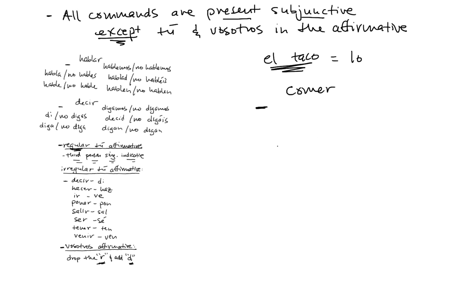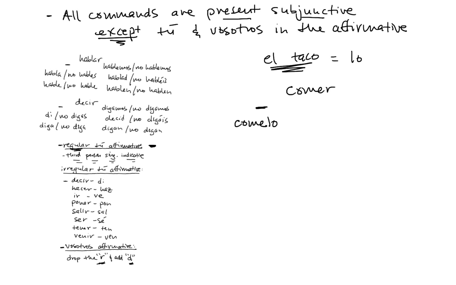Now, the placement of the object pronouns with commands is a little bit different. If it's an affirmative command, we actually tack it on to the end of the conjugated form of the command form. Negative commands, it comes before. So, the tú affirmative form, we have the regular tú affirmatives over here. It says third person singular indicative. That would be come. Tack this on the end. That's only with the affirmative commands.